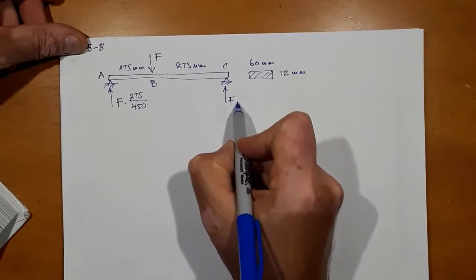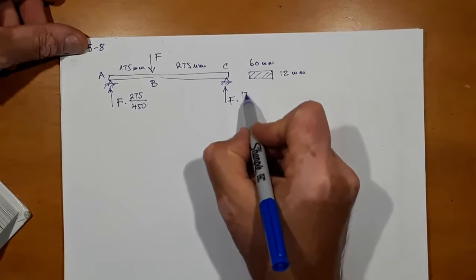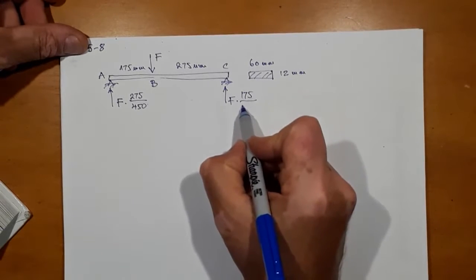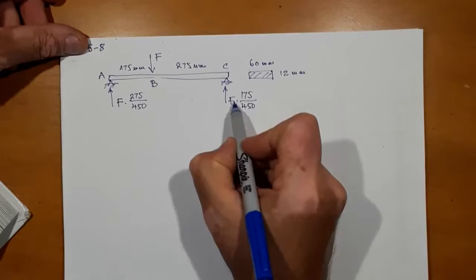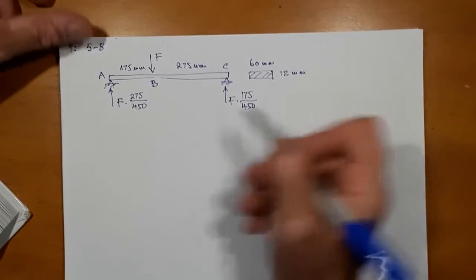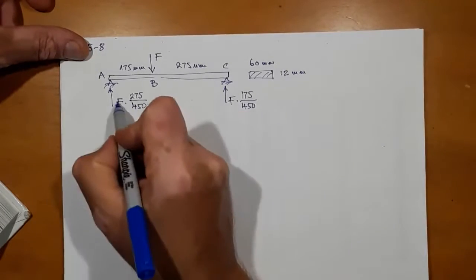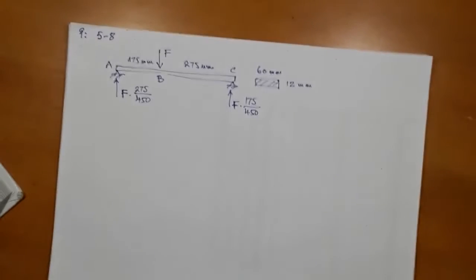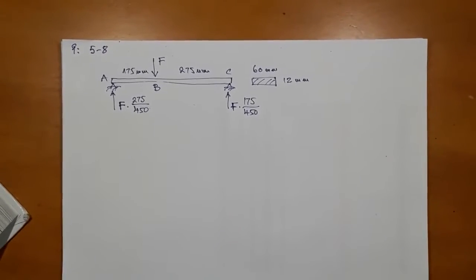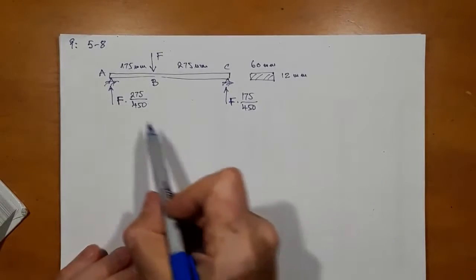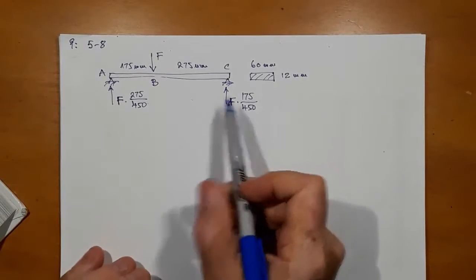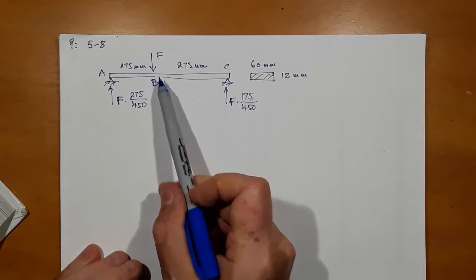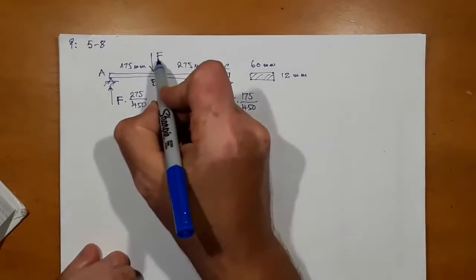And this is going to be F times 175 over 450. This is a result that I remember from other analysis. If you're summing the two forces, it's verified. It's going to be the F value.